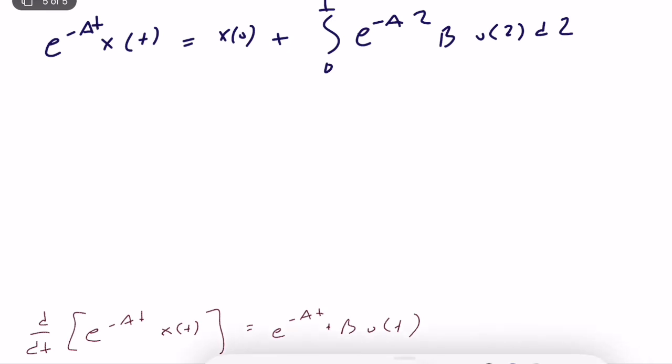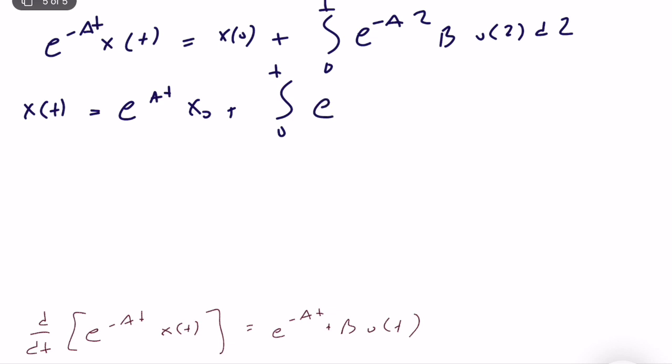So what we can do is, since we know that e to the power of At, or minus At, it doesn't matter, is invertible for all possible values of A, and it will be a mini project problem for you, we can write that here like this. x of t is equal to e to the power At x0 plus the integral from 0 to t of e to the power A(t minus tau) B u(tau) d tau.